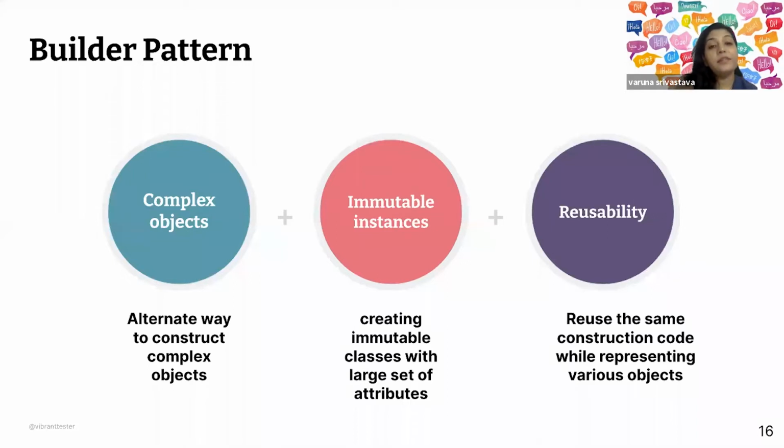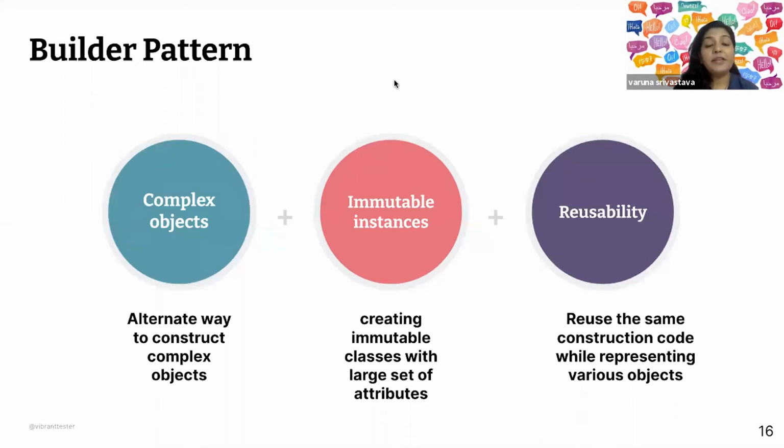Address itself is a complex object and payment itself is an object. And on top of it, we have a user as an object. So how would you construct the entire object while you are designing your framework? The builder pattern helps in this. It's a way to construct your complex objects. It also helps in creating immutable classes with a large set of attributes.